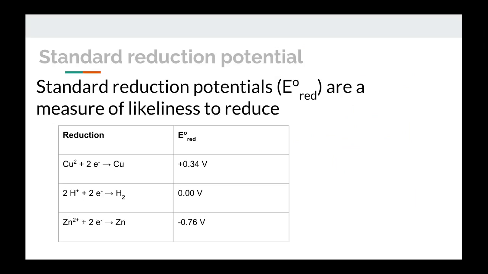Zinc has a reduction potential of negative 0.6 volts. The reason for that is that zinc is more likely to oxidize than the hydrogen half cell. Copper has a positive reduction potential because it's more likely to reduce than the hydrogen half cell. So in general, the more positive the value of reduction potential, the more likely that half cell is to reduce.